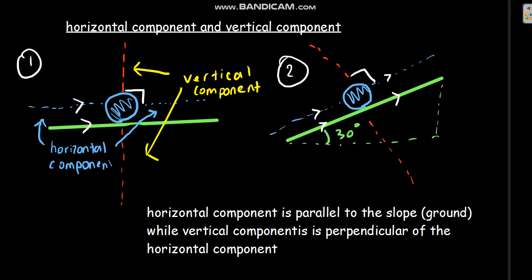Now, I just want to explain the horizontal and vertical components. You should be able to understand the differences and where they are in different situations. The horizontal component is parallel to the slope or ground, while the vertical component is perpendicular, or 90 degrees, to the horizontal component or the slope. You can see here the blue ball.